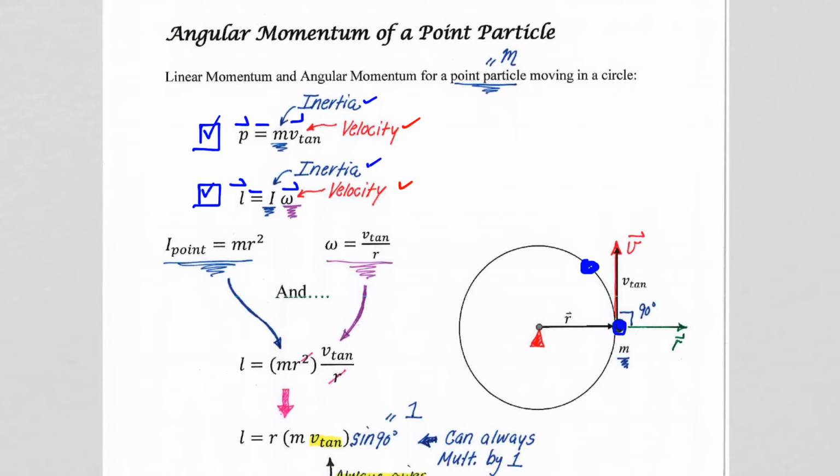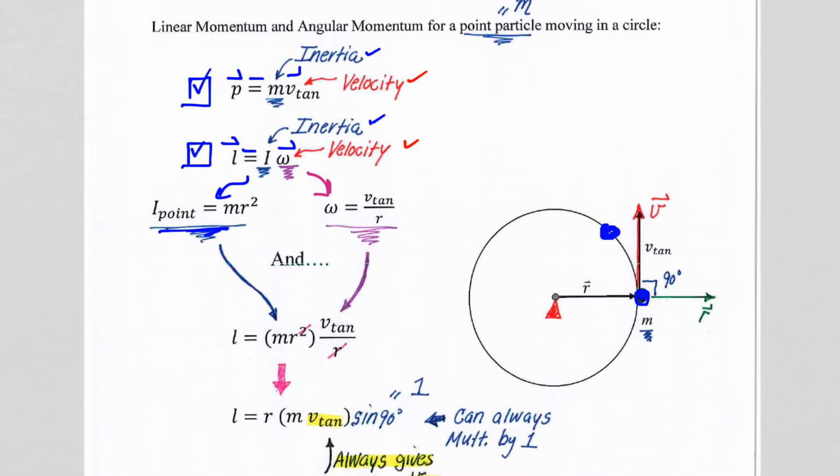So when we substitute in mr squared for I, and we substitute in v on r, remember v equals omega r, so omega equals v on r, we get some nice cancellation here.